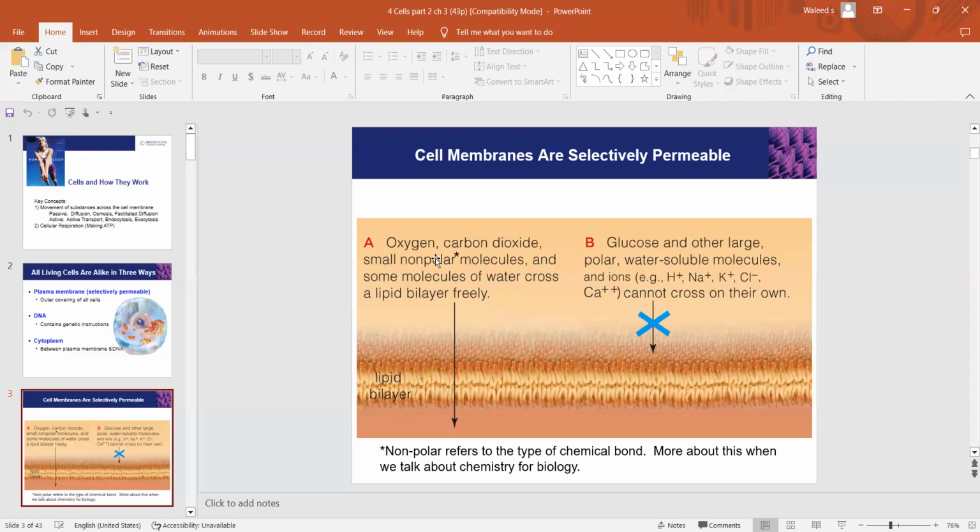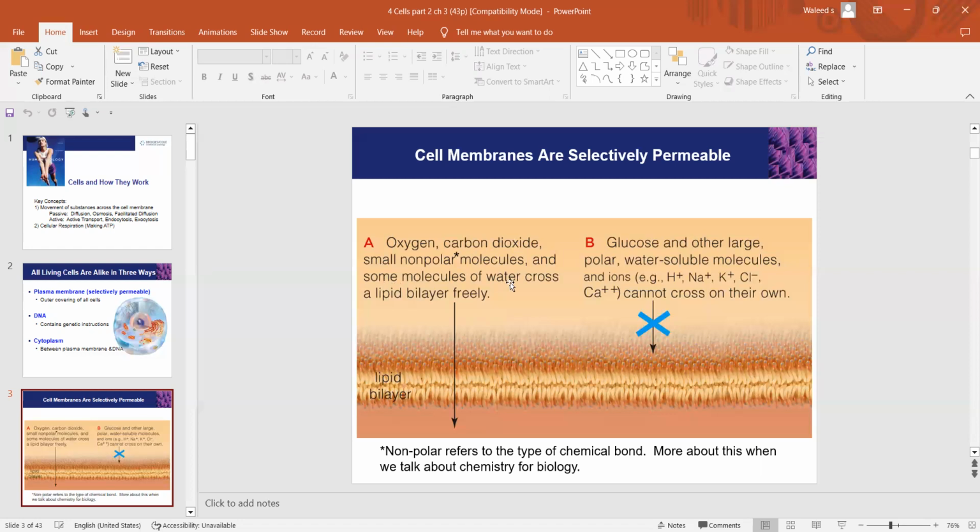Non-polar is water insoluble, referring to the fat. The non-polar is like the fat that's water insoluble, and the polar is water soluble. So non-polar here means fat or fat soluble. Anything that's fat or fat soluble that is small enough can go.